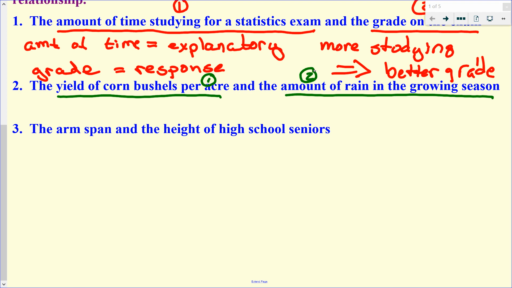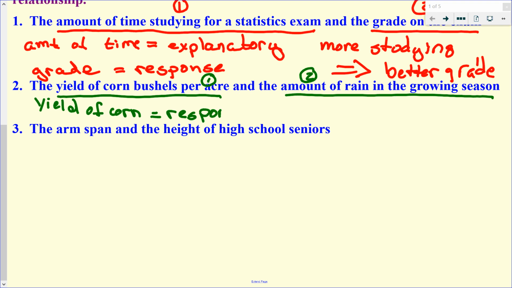And then we tend to struggle to get grass to grow, water rationing, and so forth. But when rain tends to be plentiful, plants tend to grow more and flourish and are very lush. So we can see the yield of corn is our response variable.